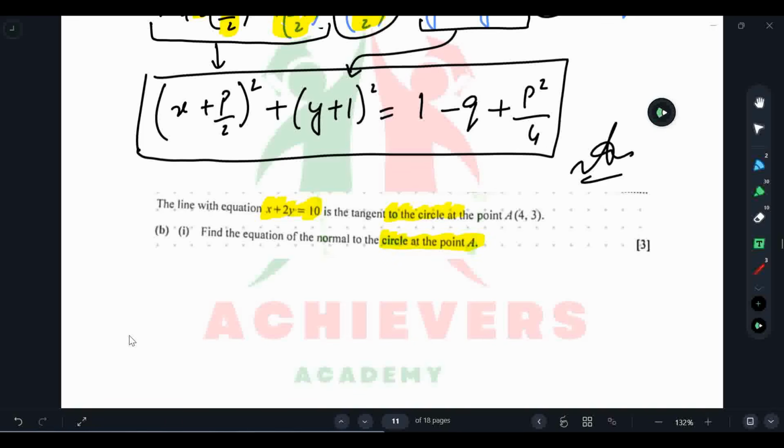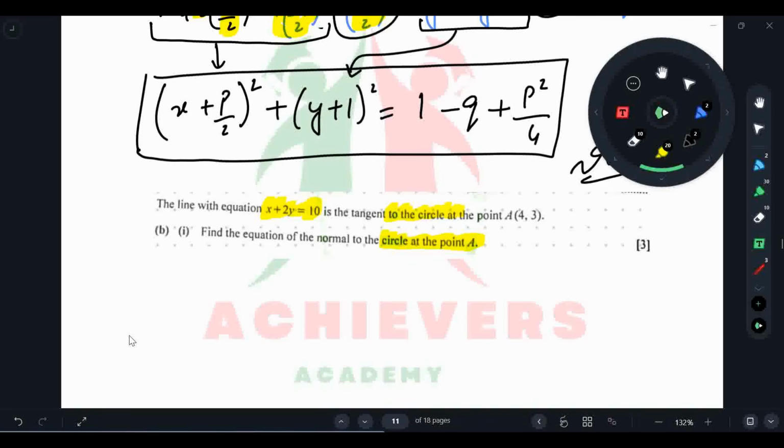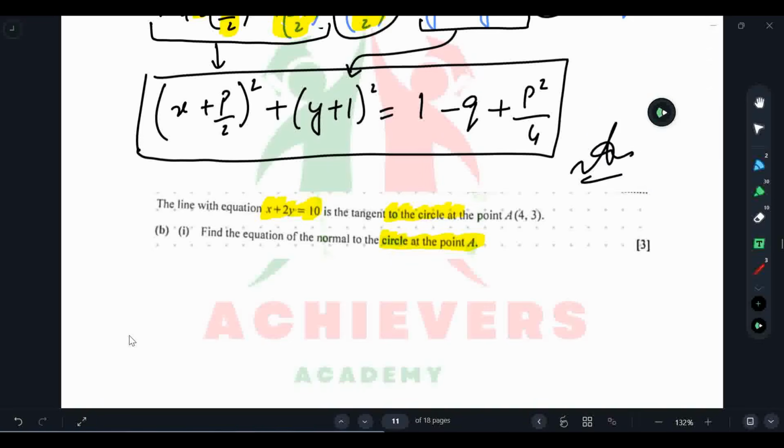Now what we have to do is, we know that these two lines are tangent. So first of all, we can rearrange this one and let's find out the gradient. So we can write it as 2y is equals to minus x plus 10, and y will be equals to minus 1 by 2 x plus 10. Now for the gradient of the normal, we need to find out the equation of the normal.